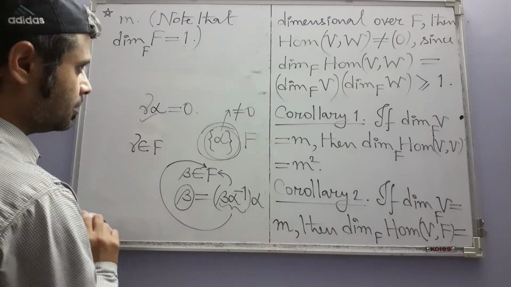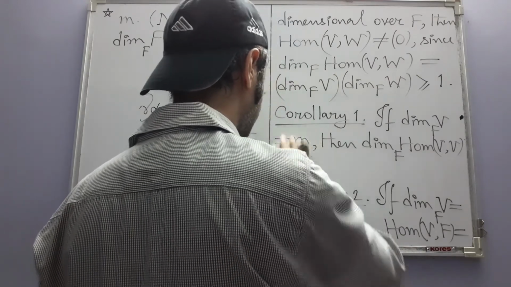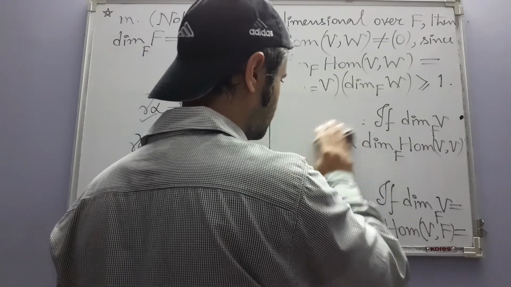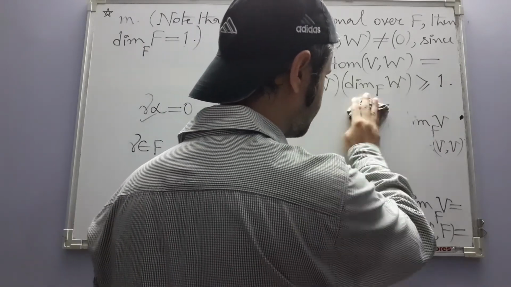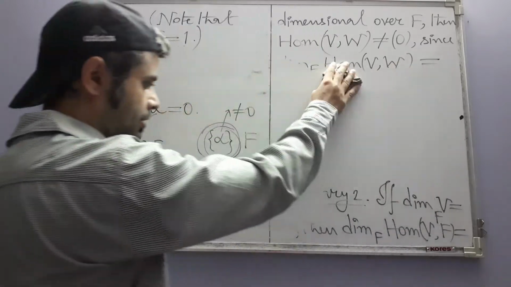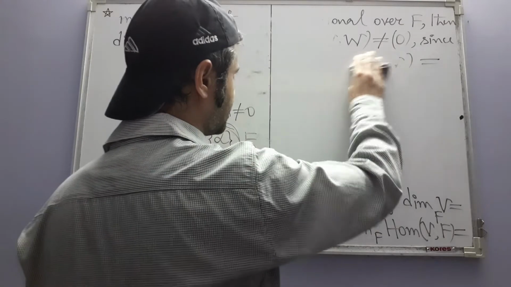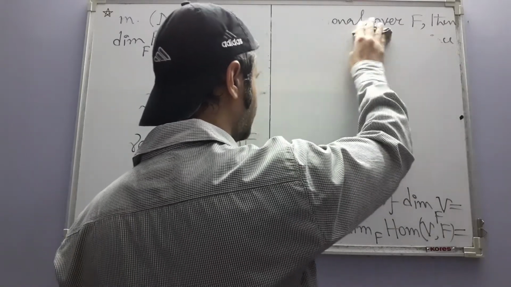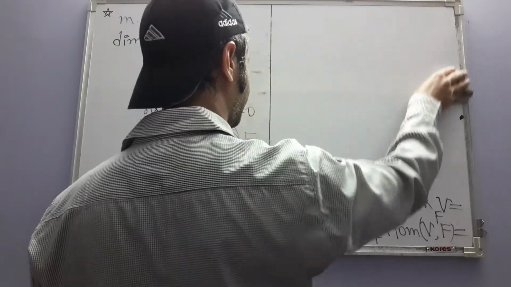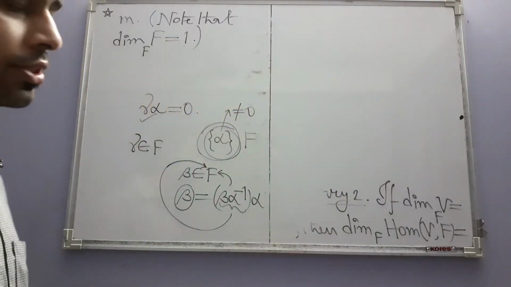Before we end things, though, there is a small discussion about this second possibility. Note that this second corollary tells us that the space V and the space V comma F actually have the same dimension when V is finite dimensional.